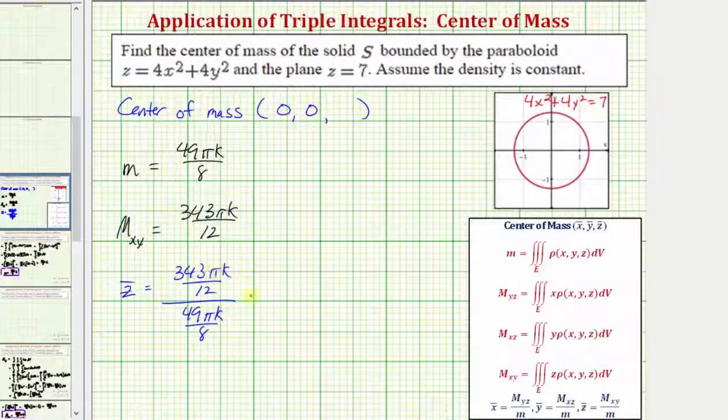So this complex fraction is equivalent to the top fraction, 343 pi k 12ths, times the reciprocal of this fraction, which would be 8 divided by 49 pi k.